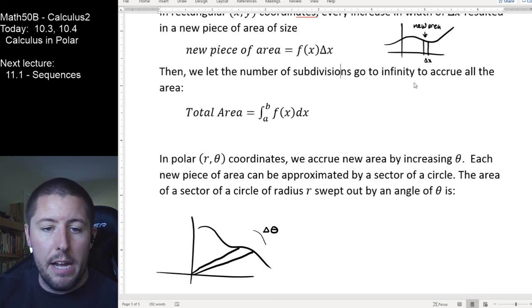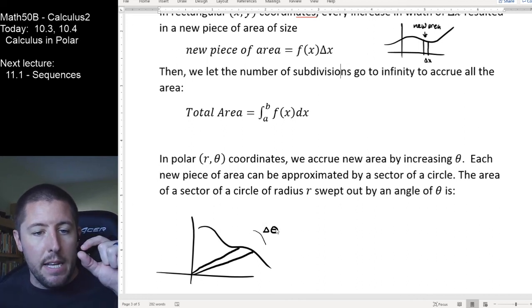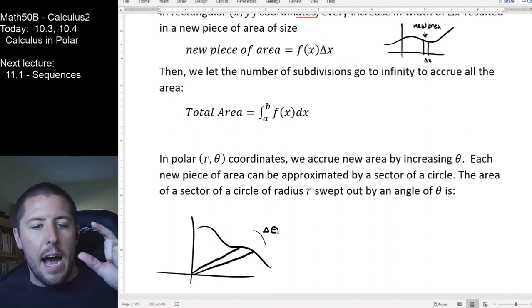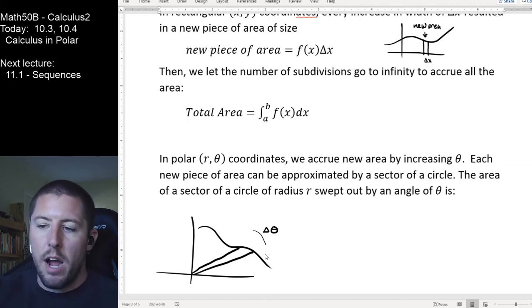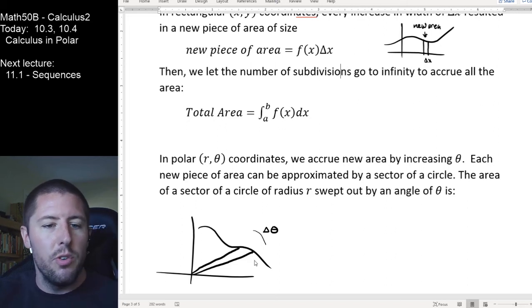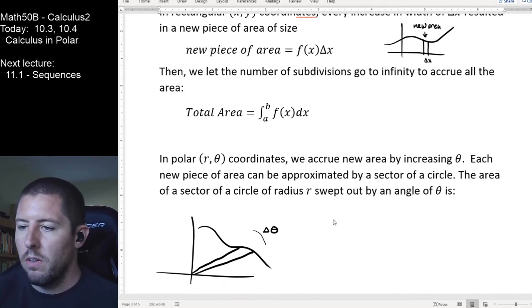What you should be able to imagine for yourself is as delta theta gets infinitely small, by us breaking this up into an infinitely large number of subdivisions, those two radii are going to get closer and closer together to where it does make sense for us to approximate our new area here as a slice of a circle. Because as delta theta gets infinitely small, the difference in those two radii is also going to get infinitely small. And this will be appropriately represented as an area of a circle right there.